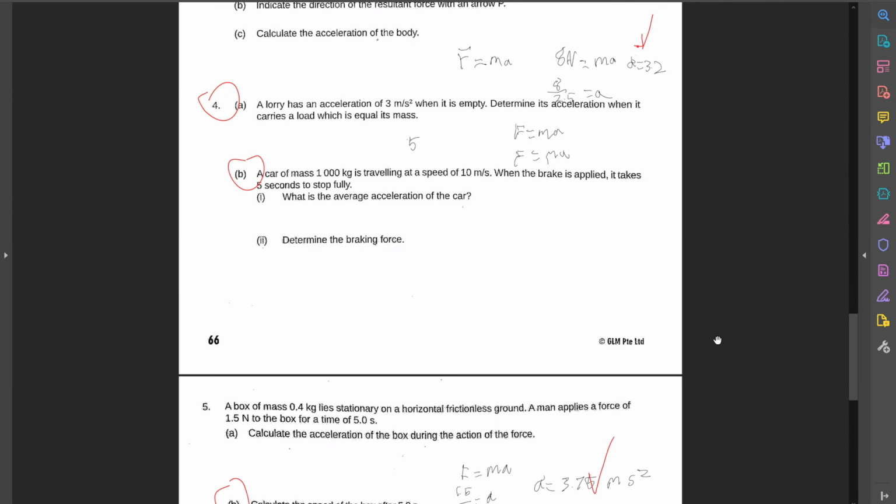Question 4a. You want to try again? A lorry has an acceleration of 3 meters per second square when it's empty. Determine its acceleration when it carries a load which is equal to its mass. So it was like that.